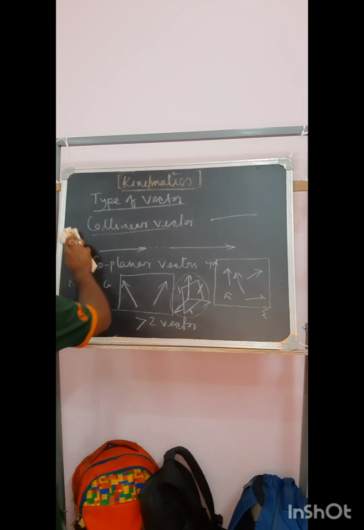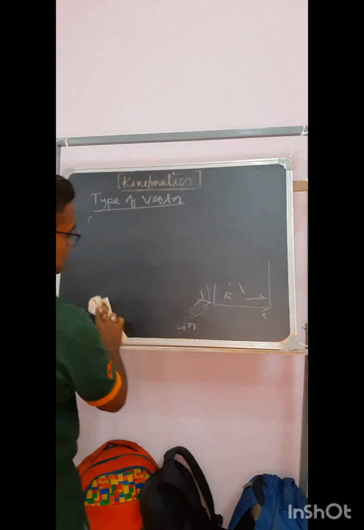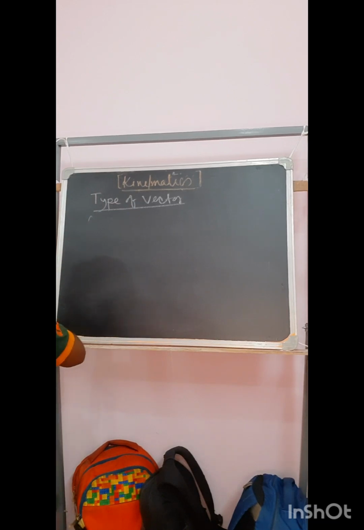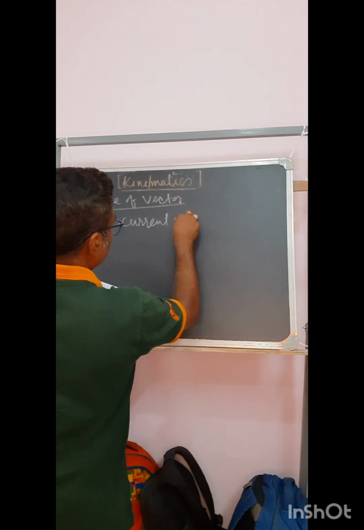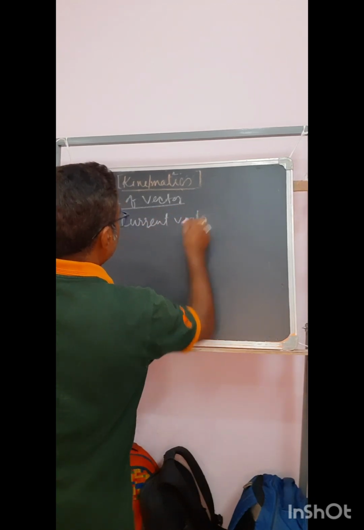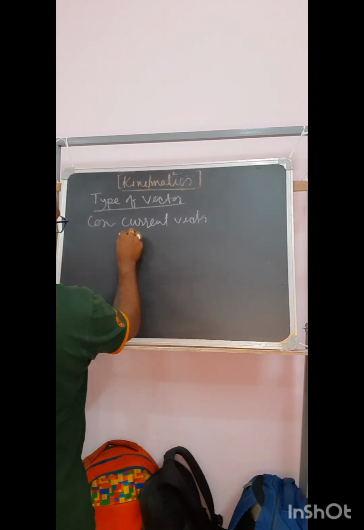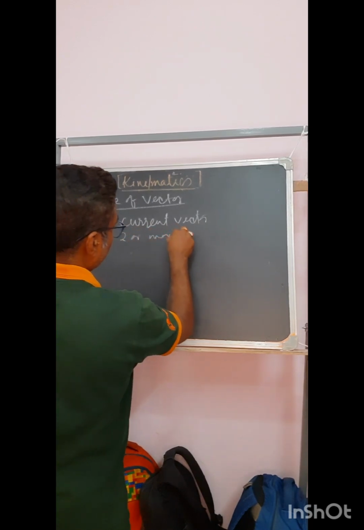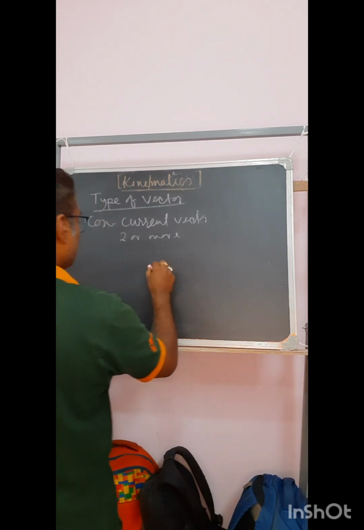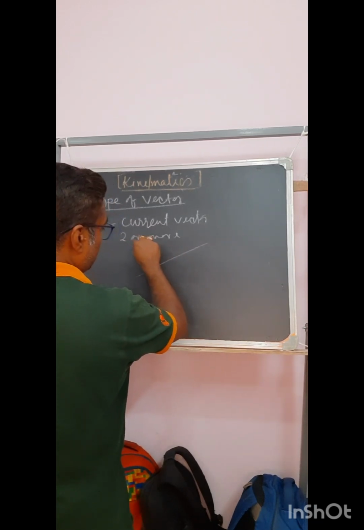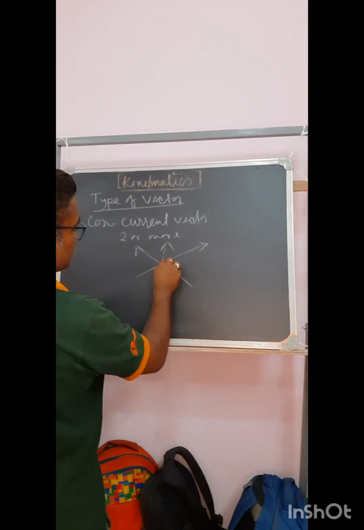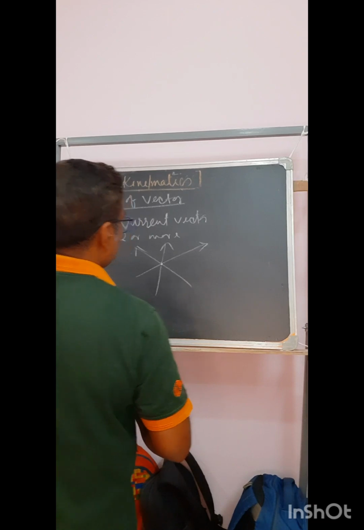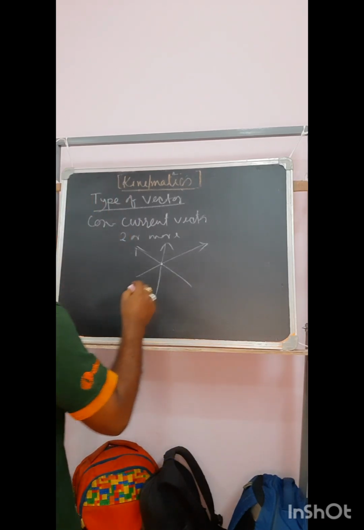Then next come concurrent vectors. In this case, two or more vectors physically intersect each other at a single point, or their lines of action do.